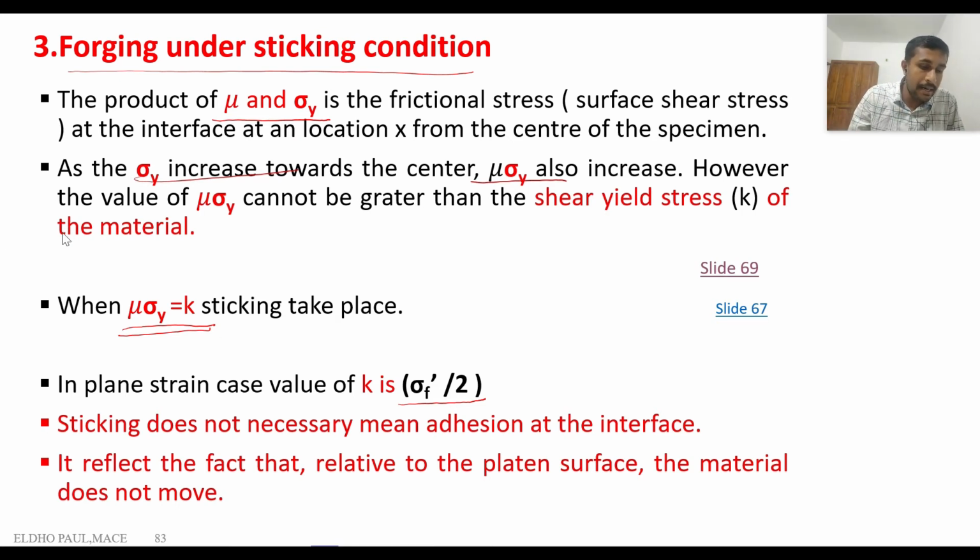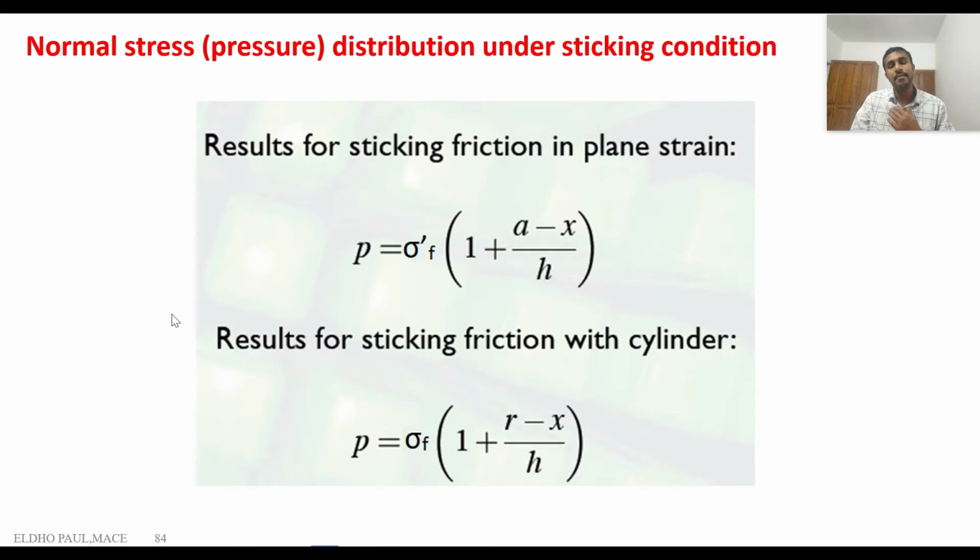Under the sticking condition also, we have a pressure distribution. Under sticking condition, the pressure distribution will be different. We can derive the pressure distribution formula similar to the slab analysis of a rectangular workpiece, and we got this equation: sigma dash F into 1 plus (a minus x) by s.